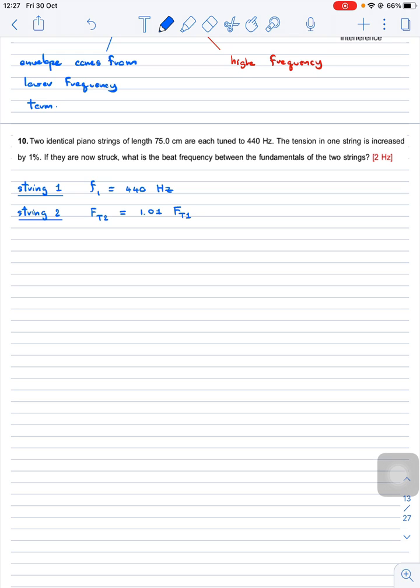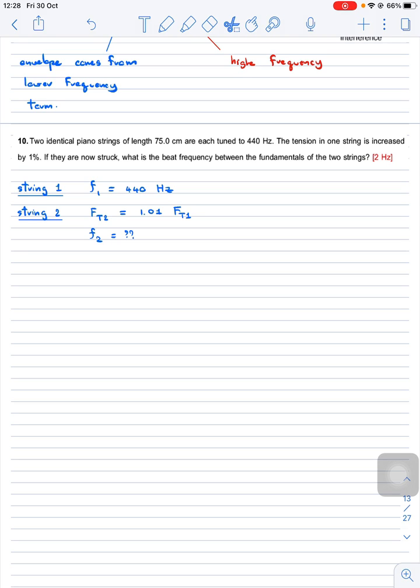So how can we use this information to find the frequency of string 2? Actually, yes, we can, because don't forget that both strings are identical. It means that the mu, the linear mass density of both strings, must be the same.